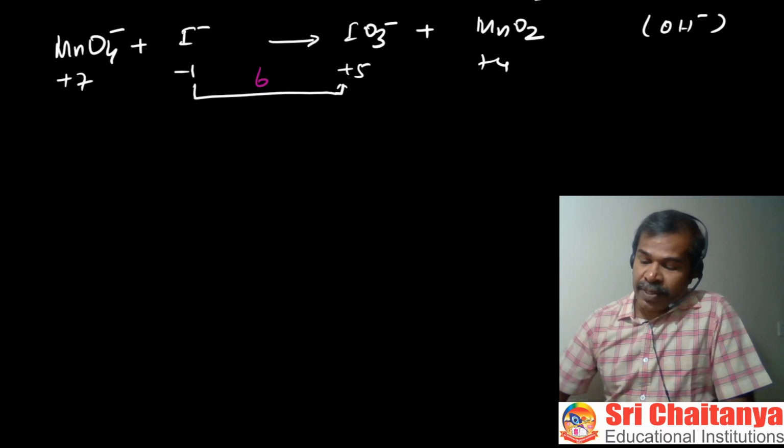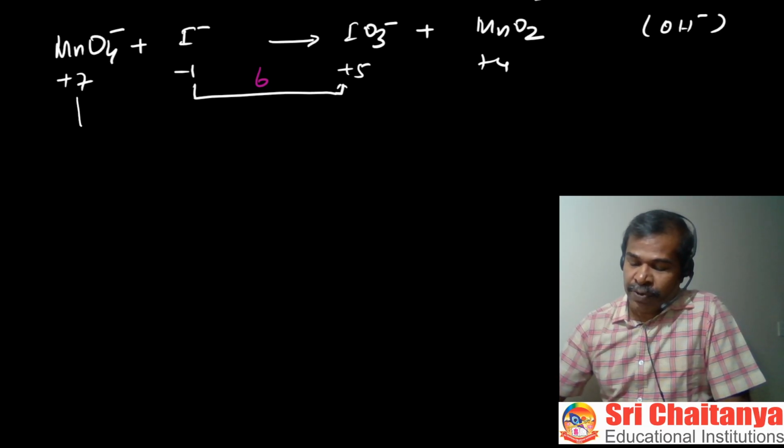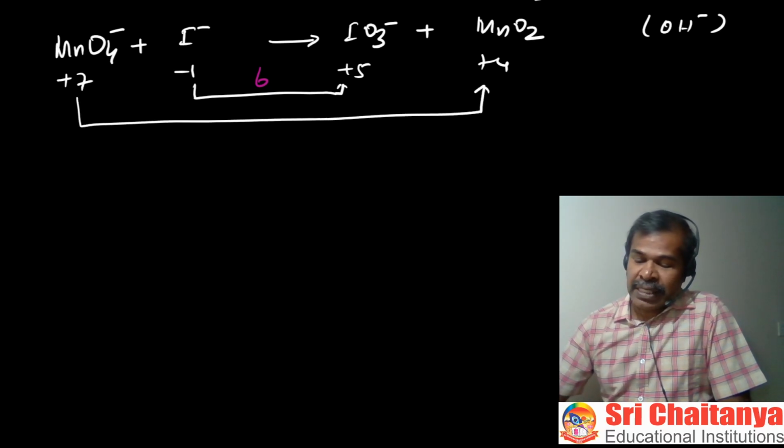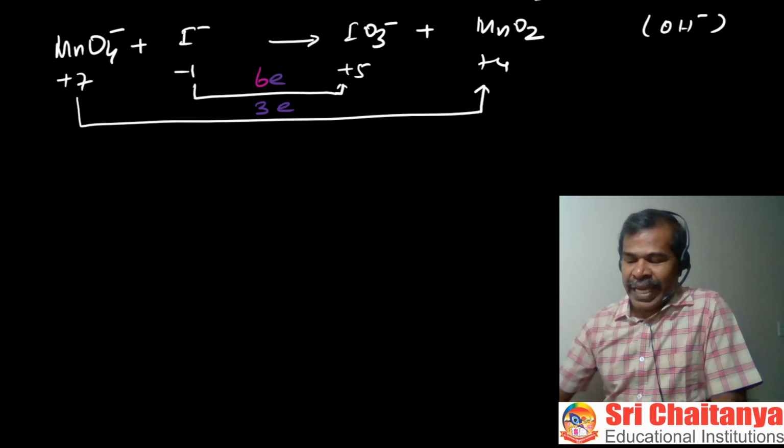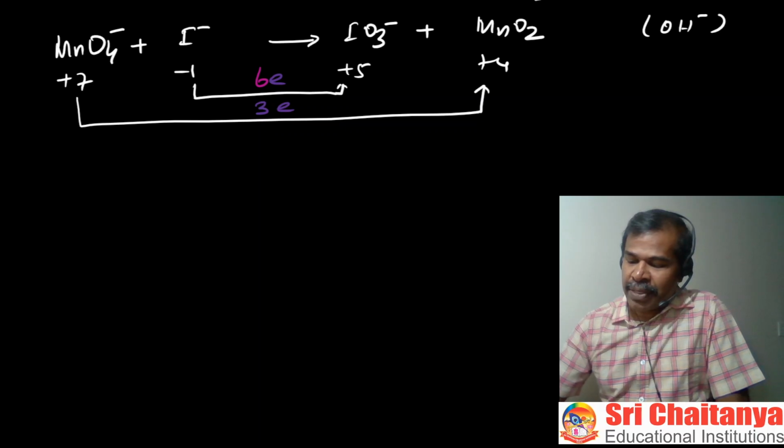And if you take this plus 7 to plus 4, it is transferring 3 electrons. 6 electrons and 3 electrons are transferred. Now you exchange this, and they are not in the simple ratio, so you make them in simple ratio. So it is 2 and this is going to become 1.